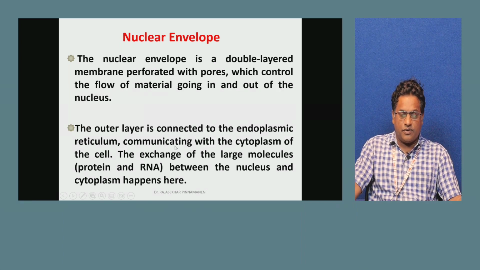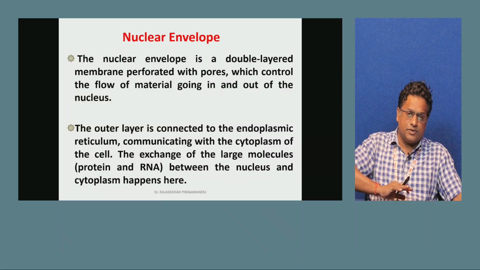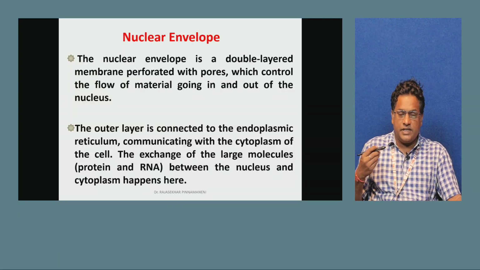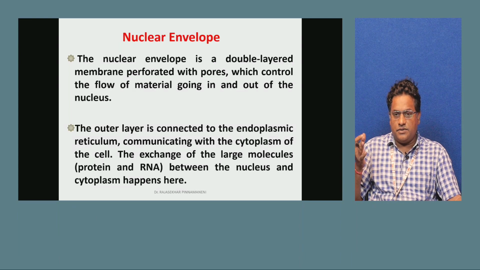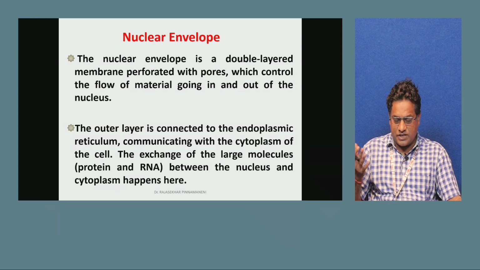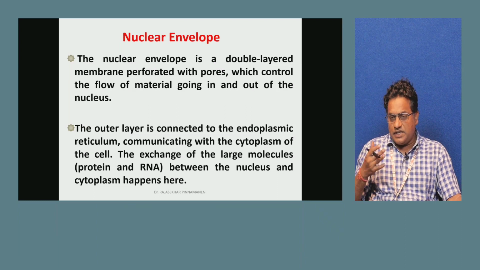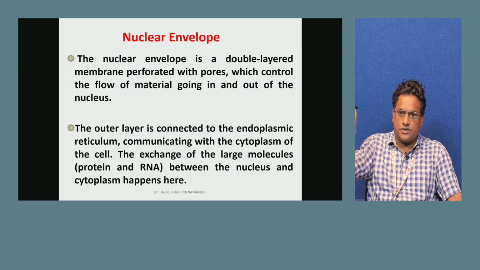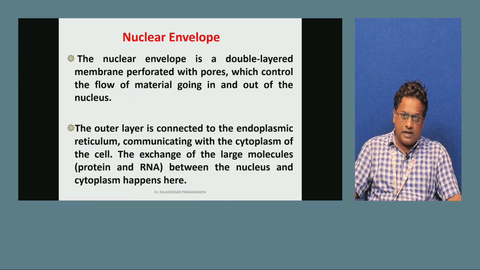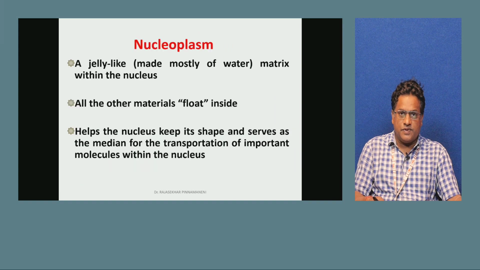All the transcription factors and proteins have to come inside the nucleus, and the DNA transcripts have to go outside to the cytoplasm. So the outer layer is important in communicating with the cytoplasm of the cell.